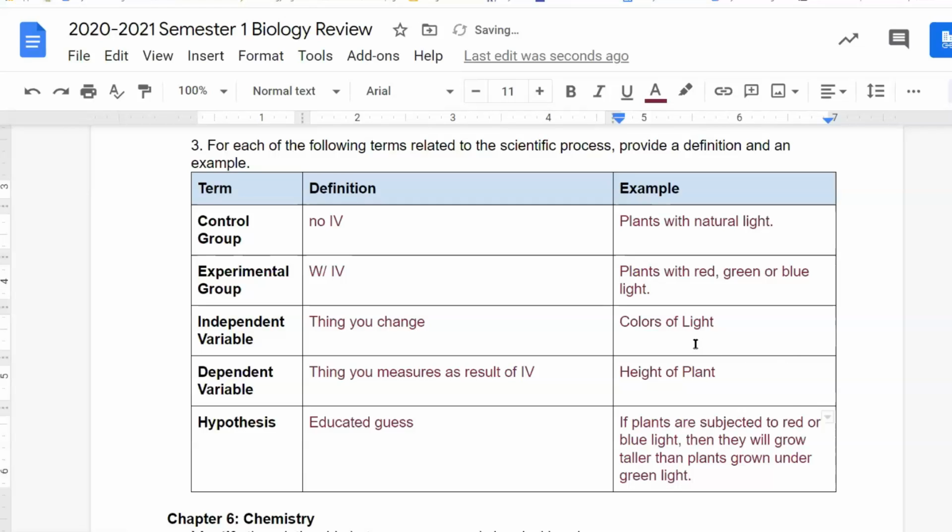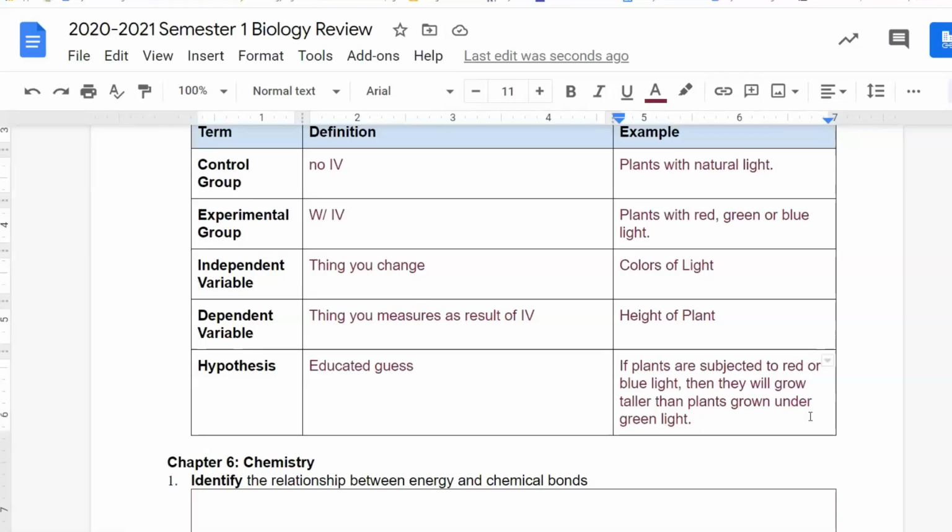So I personally manipulate the independent variable. I measure the effect of the independent variable. I have different setups, those that contain the independent variable, those that don't. And then I have an idea of how I think it's going to turn out already. So you'll be given some situations, experimental situations, and you're asked to identify from this, what is the independent variable?